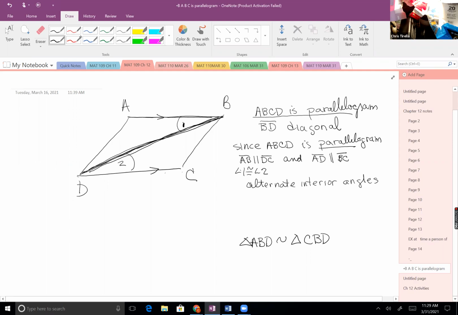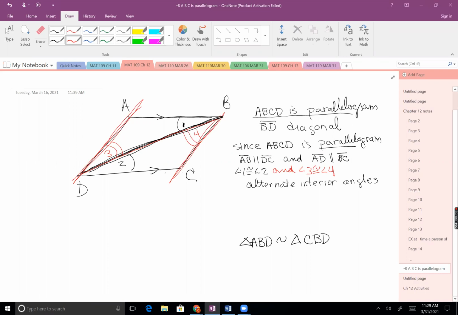But in the same way, if AD is parallel to BC, isn't this also a transversal? And wouldn't that make this angle congruent to this angle, for the same reason? Does that make sense? Yes. So I've got those two angles.